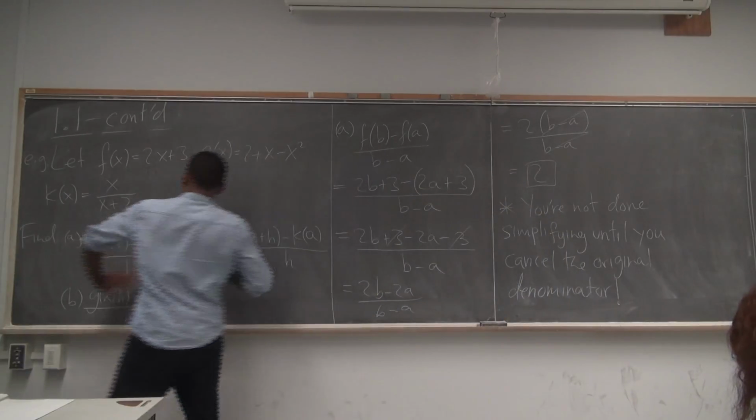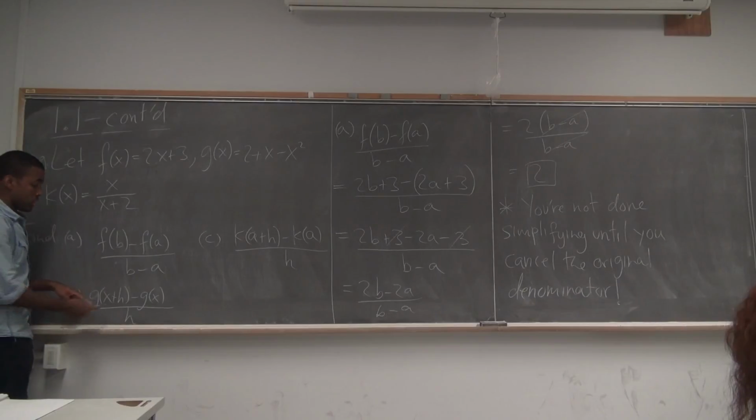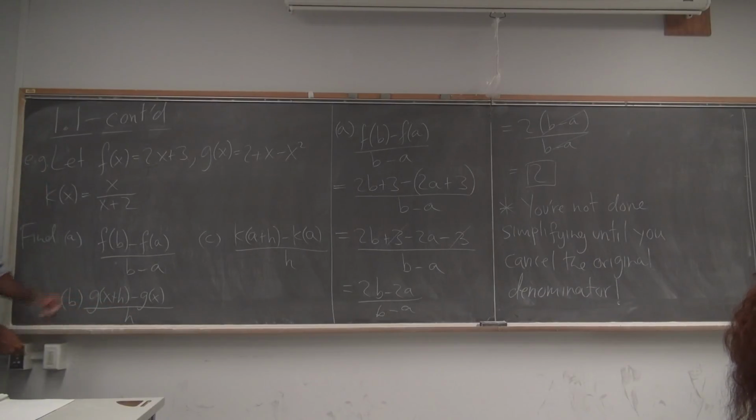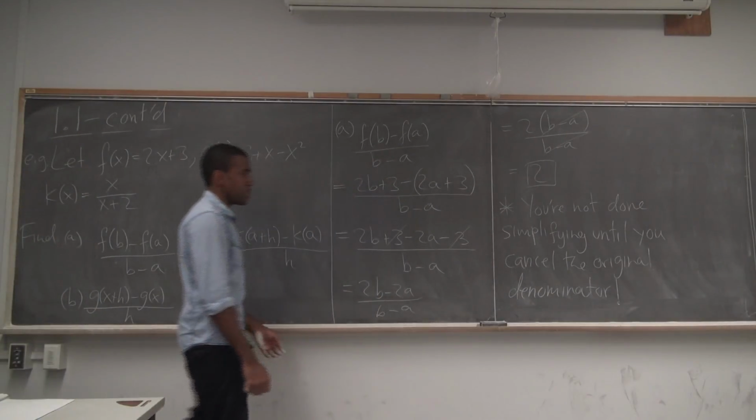So when you're simplifying the difference quotient, at some point you're going to have to cancel that b minus a, or you're going to have to cancel that h. When we get to chapter 2, the real reason is that we're going to want to plug in a number that makes that denominator 0. We can't divide by 0, so we have to keep going until we actually cancel it, so that we can plug in that number.